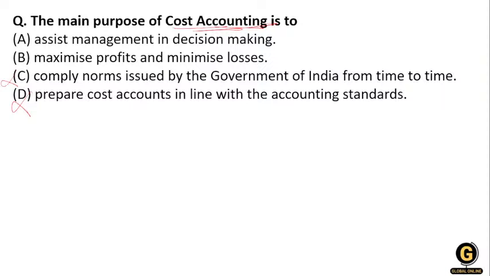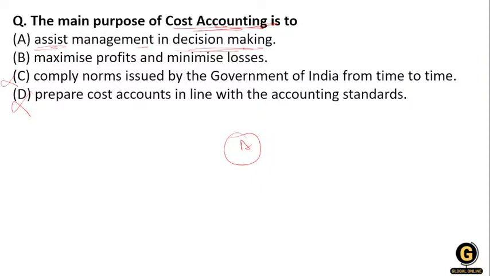This is also an aim of financial accounting, and also a purpose of management accounting. Okay, so option number A is correct. That means assisting, helping the management in decision making.